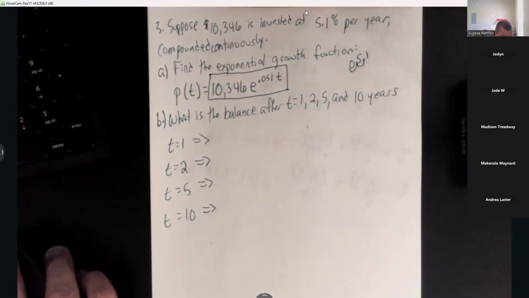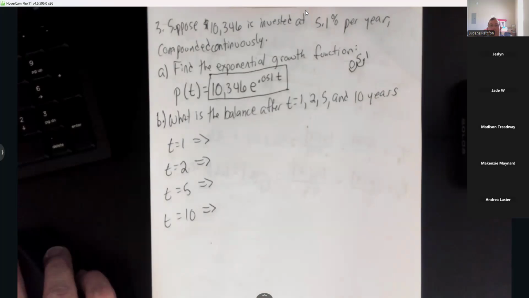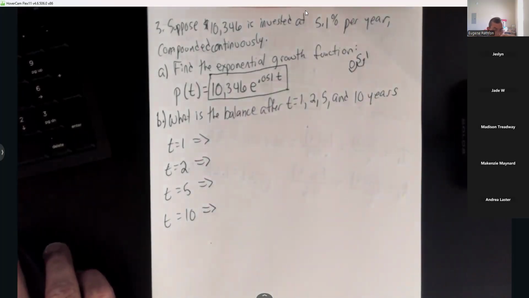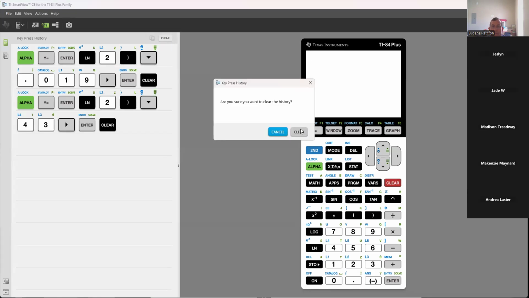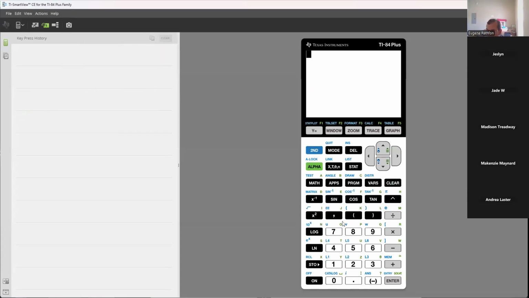Now on this one, we're rounding to the nearest cents. So you got to have 2 decimal places, okay? Hey, y'all, so I'm just going to do mine one by one. 10,346, second ln to get the e with the exponent.